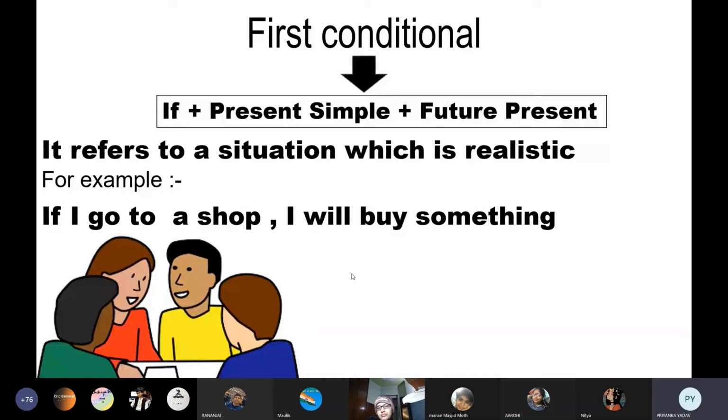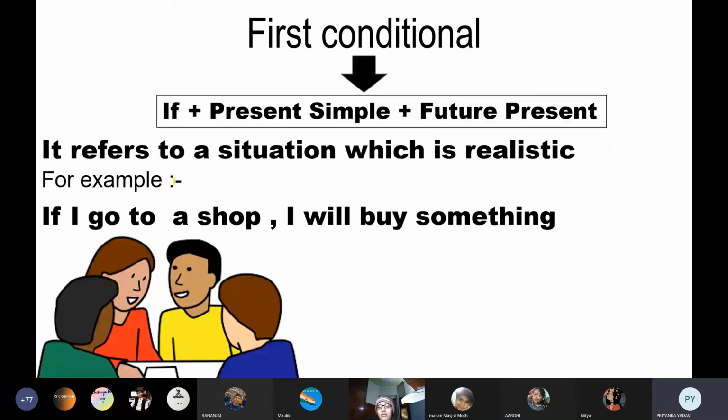So first conditional is also called real conditional. It means it is used to talk about a condition which is possible to be fulfilled. Remember, possible to be fulfilled in the present time and with a possible result in the future. So there is a high possibility of the condition being fulfilled in the real conditional sentence.